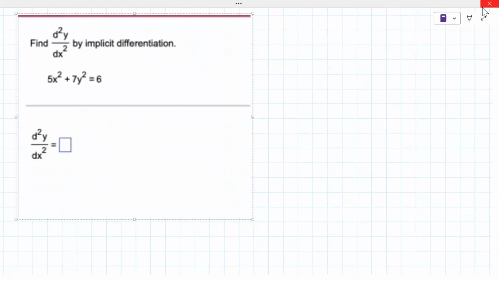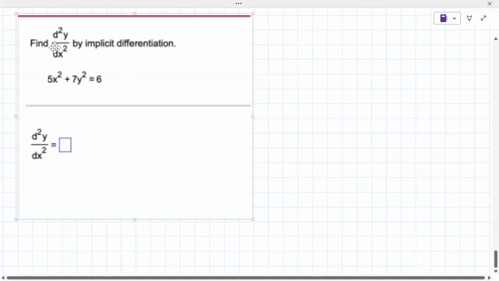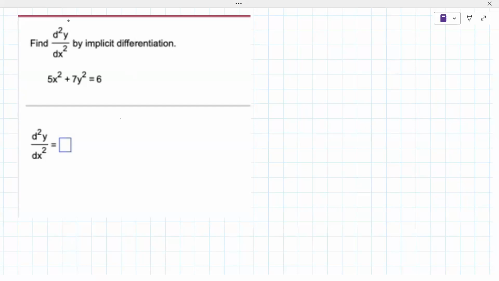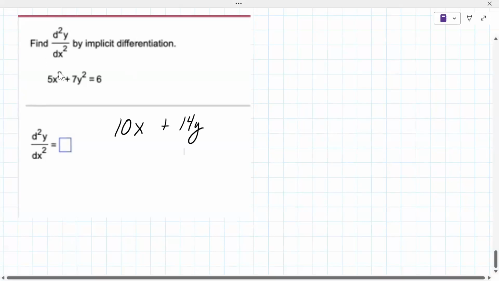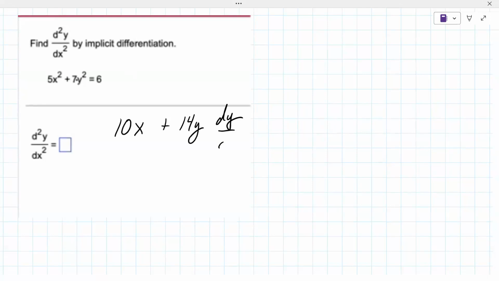Okay. For this one here, we're going to take a derivative just like we've been doing. But now we're finding the second derivative, so there's more work to do. The derivative is 10x plus 14y. So I'm just bringing that exponent down in both cases. With y, you add in a dy/dx equals 0.